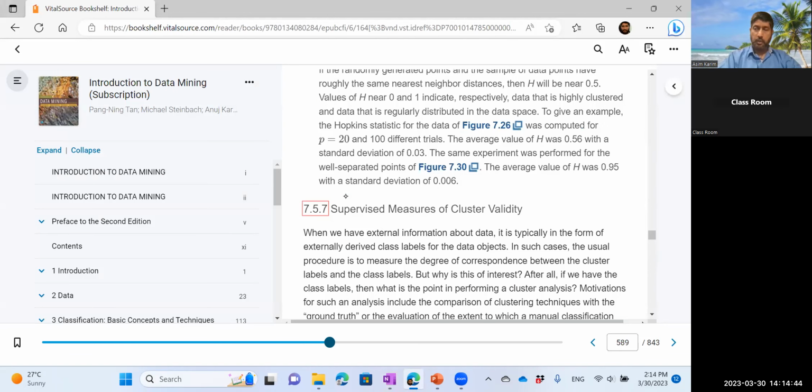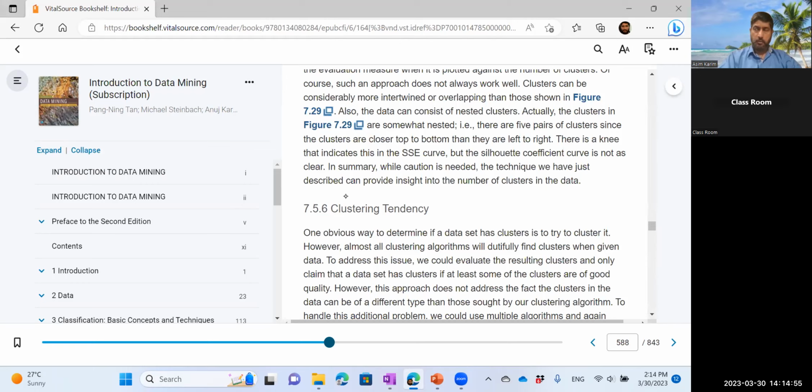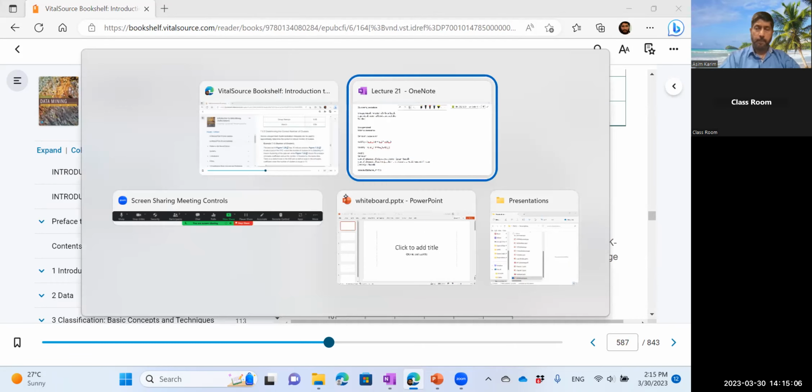This chapter is actually freely available on the web, although I have the licensed version of this book. But ये chapter freely available है, web पे PDF available है. So I am going to cover from this section primarily this part. दूसरी book में भी है, but this one is much better than the other book.